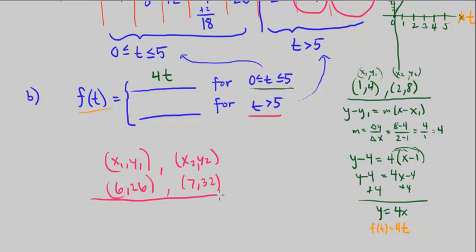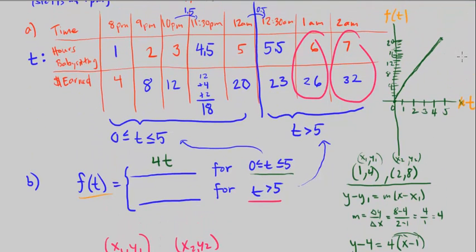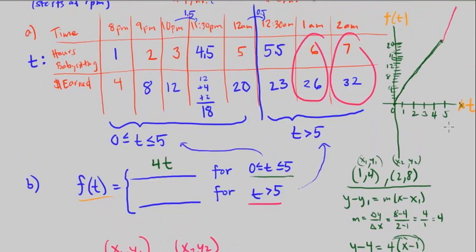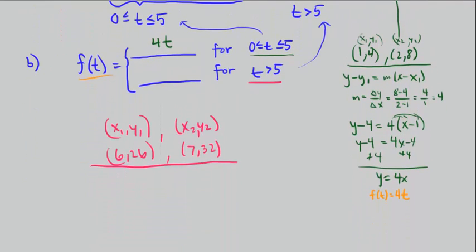Okay, so I'm just picking these 2 points to get the equation of the line. And if I wanted to graph this, it would look something like this over here. But I kind of ran out of space, so you can go ahead and graph that using these 3 points, and you'll see. Okay, but anyway, let's go ahead and get the equation of the line given these 2 points.